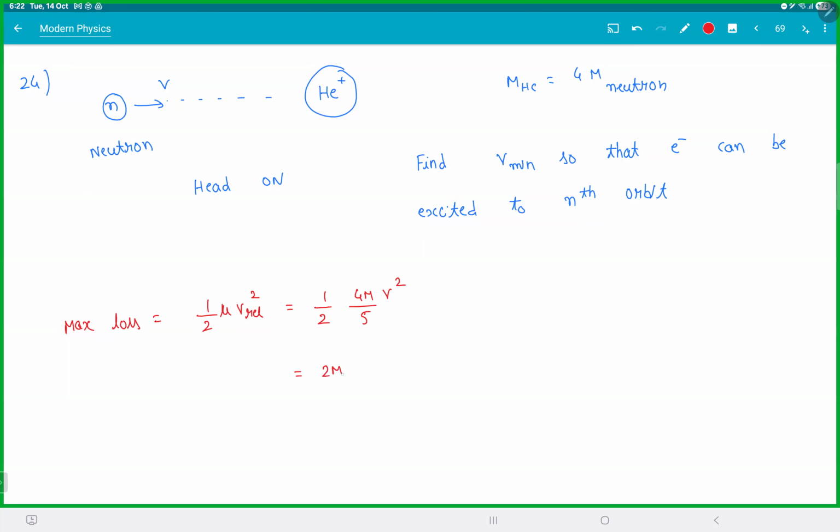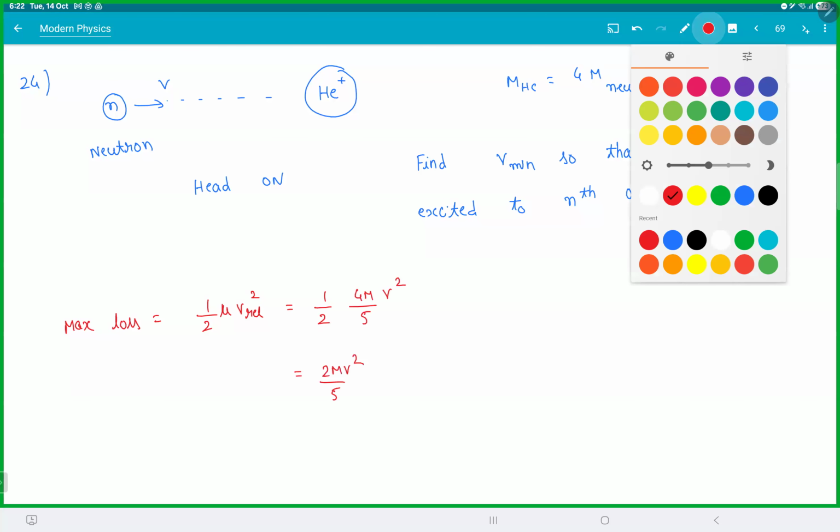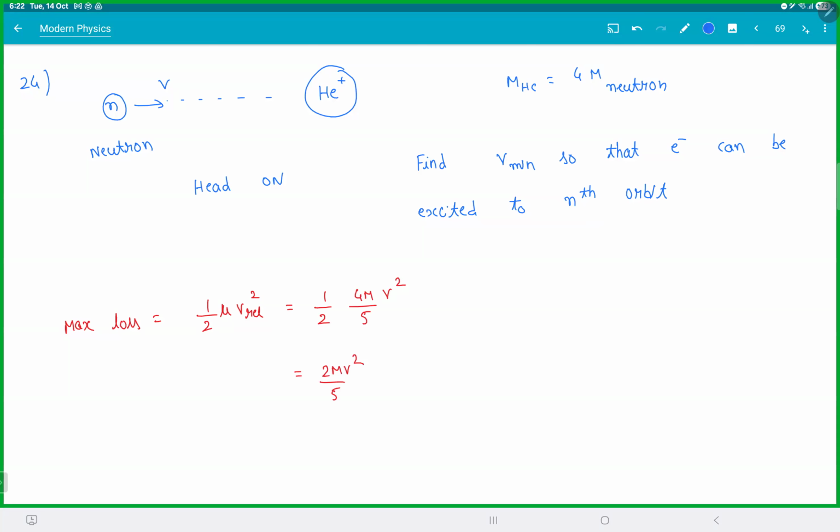This will be 2m v square by 5. Now all this energy will be taken only by the helium. Why? If neutron takes the energy, what will it do with it? Neutron does not have electrons, so it cannot take any energy. So the only one who can take all the energy is helium.